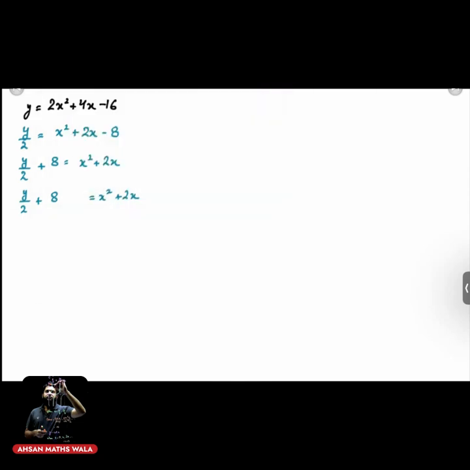The coefficient of x is 2. जो x की वैल्यू होती है, we half it and square it. तो 2 का हाफ 1 करेंगे और उसका स्क्वायर both sides add करेंगे. Is this clear to everyone? If anyone is unclear, please let me know.